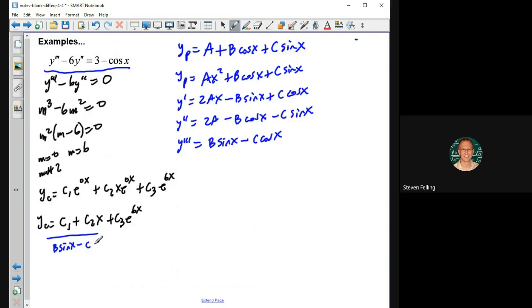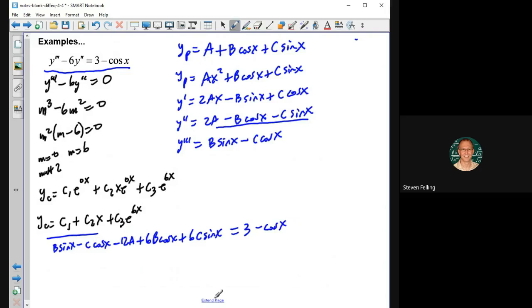And then minus 6 times this, so I'll take negative 6 times each of these. Negative 6 times 2a is negative 12a, positive 6b cosine x, positive 6c sine x. And then that's it. There's no use of this derivative or this y. That's equal to 3 minus cosine x.